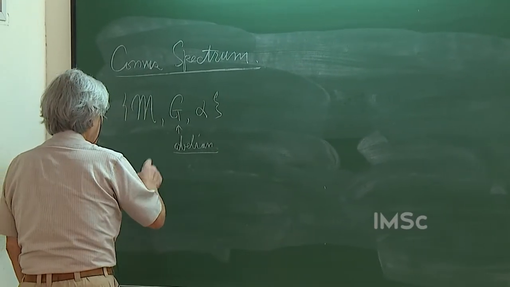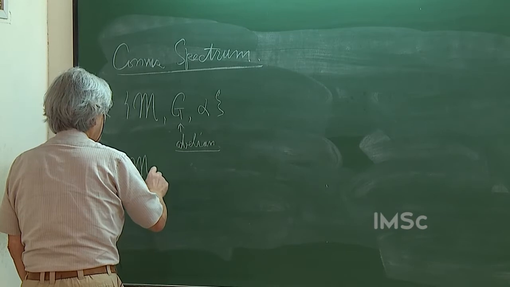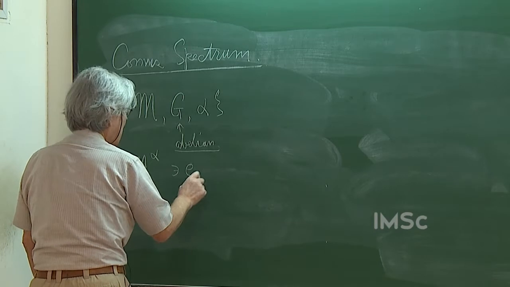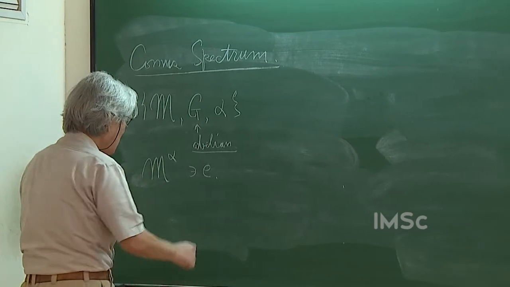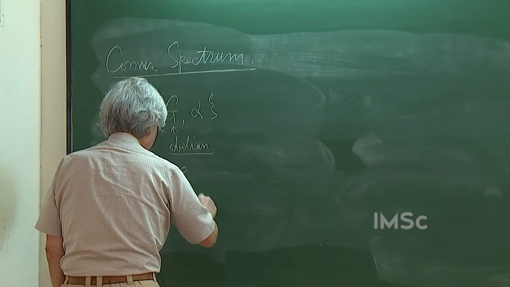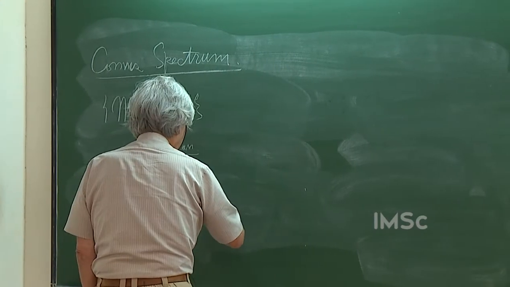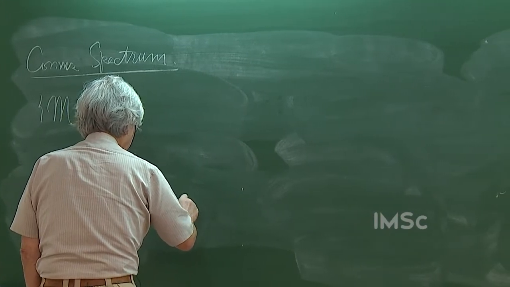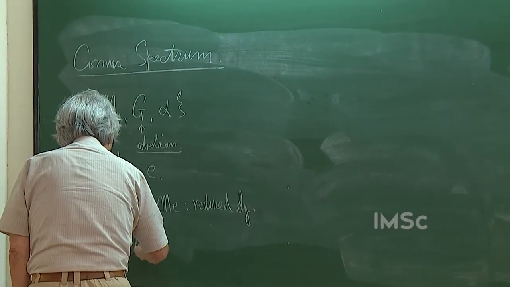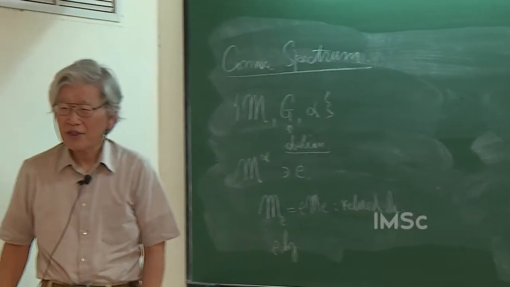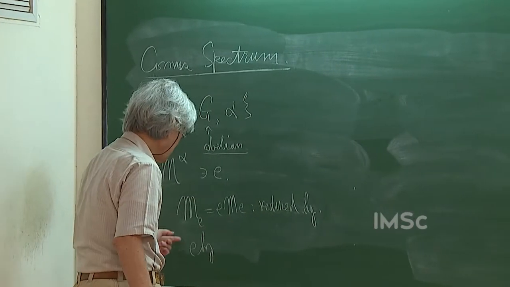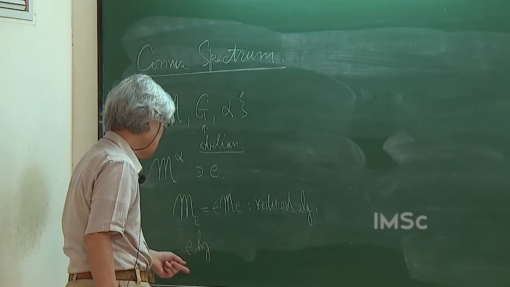Now, what he had, M with alpha, then you can have a projection E. Then you have M_E, that's a corner, a reduced algebra by projection E, which acts on EH. M_E is the reduced algebra, but it represents only EH.